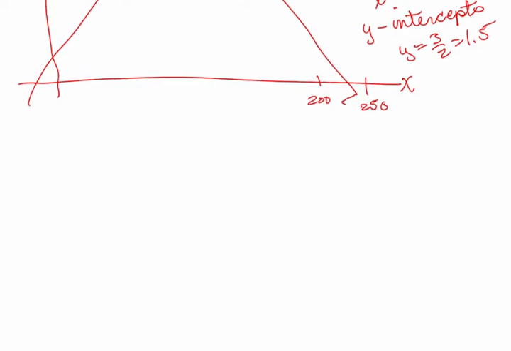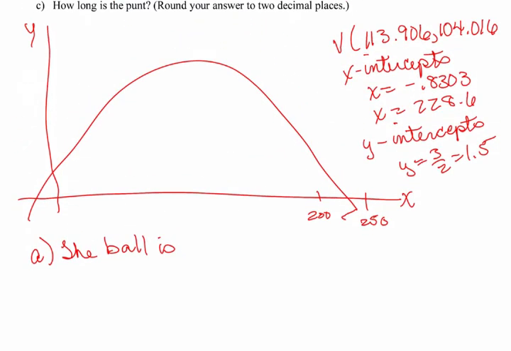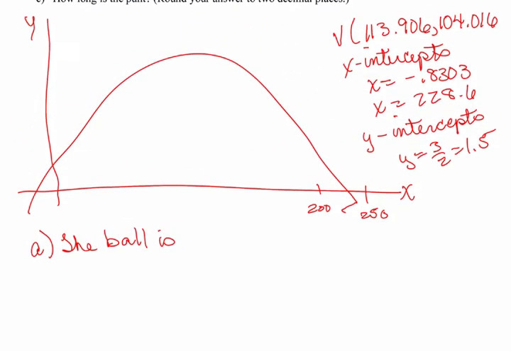So for part A, the question says, how high is the ball when it is punted? The maximum height is the top of the vertex. So the maximum height is this point right here. So that's going to be the y value of my vertex.